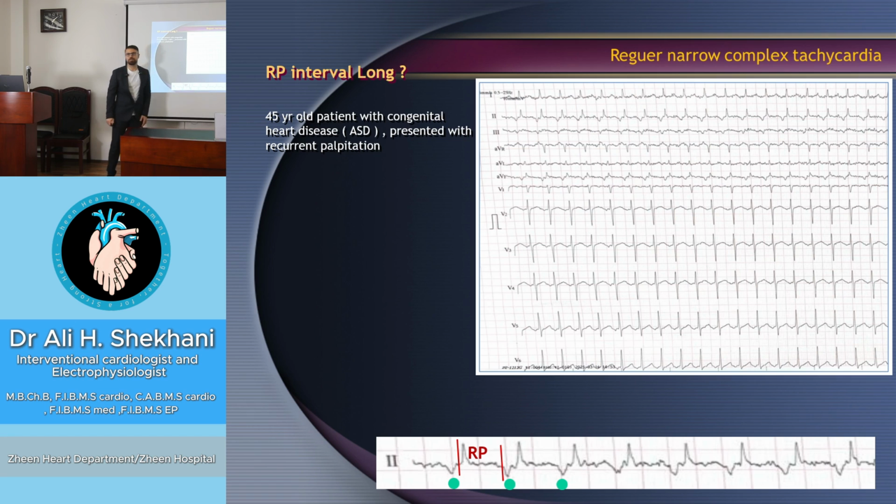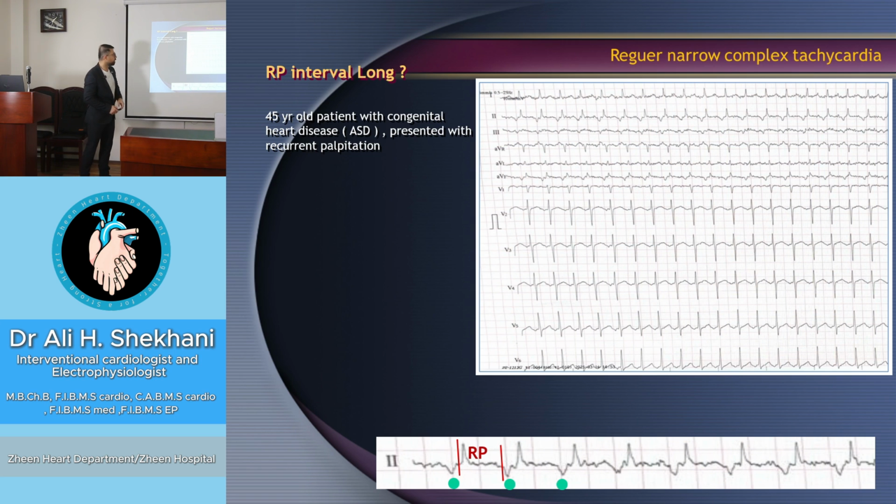Inverted P wave, yes. So the P wave is inverted in the inferior lead. It excludes sinus tachycardia because, as I told you, the P wave should be positive in the inferior lead. For the remaining differential diagnosis, if you calculate the R to P wave, it is a very long RP tachycardia.